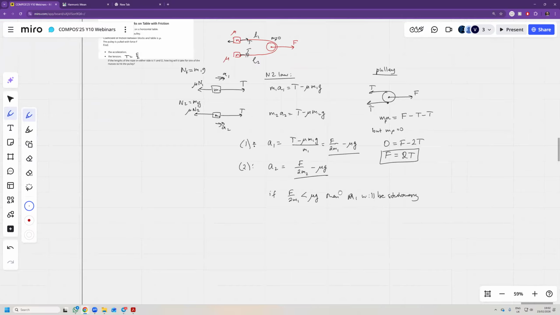Anyways, the length of the rope. So if the length of the rope is L1, so assume M1 is heavier than M2. That means, hence, A1 would be less than A2.